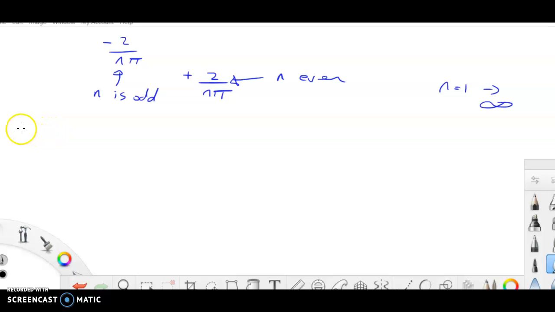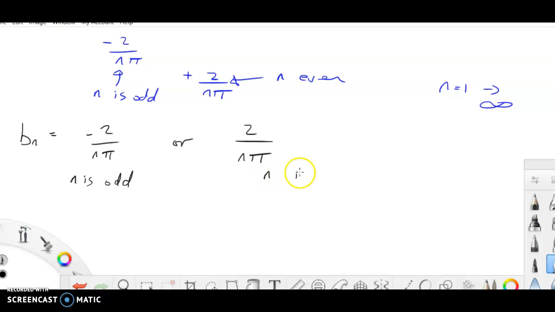So we figured out that b sub n is equal to minus 2 over n pi or plus 2 over n pi. It's equal to minus 2 over n pi when n is odd, and it's equal to 2 over n pi when n is even.